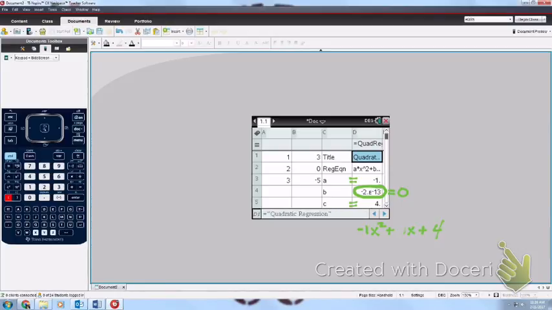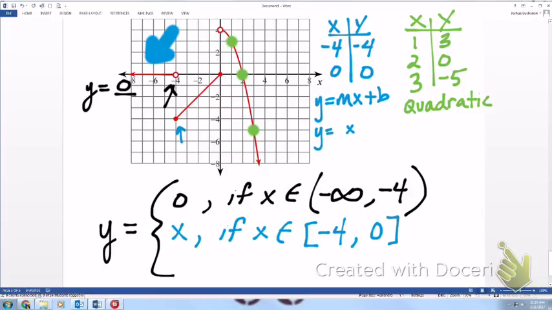Now we don't need the 0x or this 1, so our equation is going to be negative x squared plus 4. So we'll write that again, y equals negative x squared plus 4. Now that's going to go into our function rule. And now we need our domain restriction.